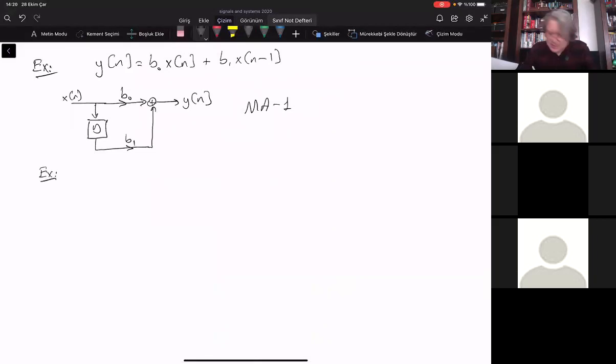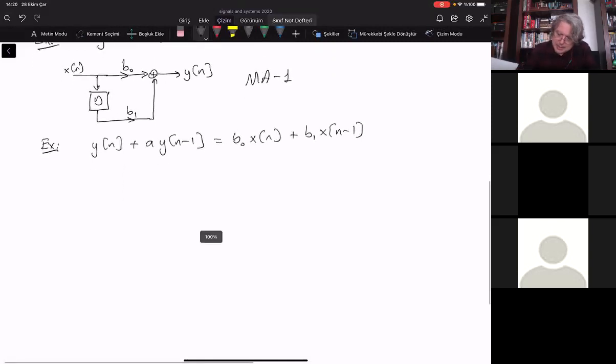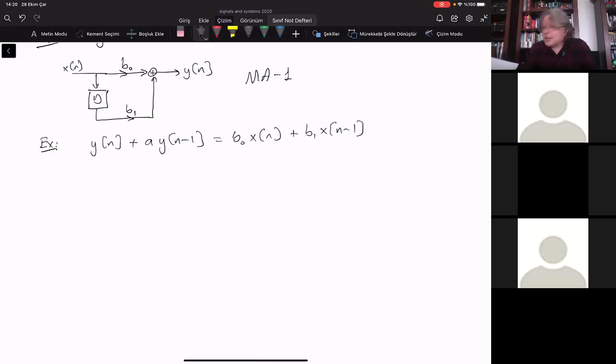And the example is y of n plus a y of n minus 1 is equal to b0 x of n plus b1 x of n minus 1. So clearly this is ARMA. At the left-hand side, we have delays. At the right-hand side, we have other delays, the output delays and input delays. So how are we going to draw this?